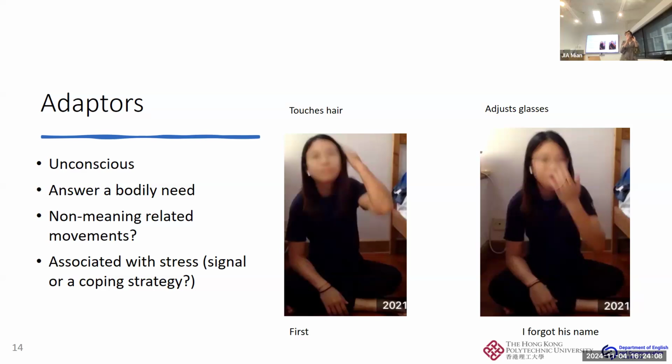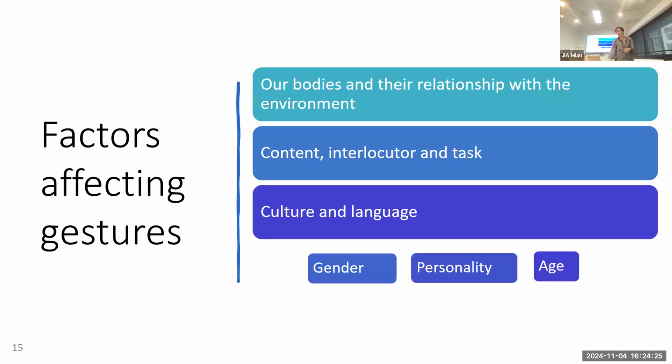They don't remember, they don't know what to say, they're looking for the right word. So the literature suggests that these gestures might be associated with stress, but whether they are a signal or a coping strategy, that is still to be resolved. So again, question marks there, and we're working on it.